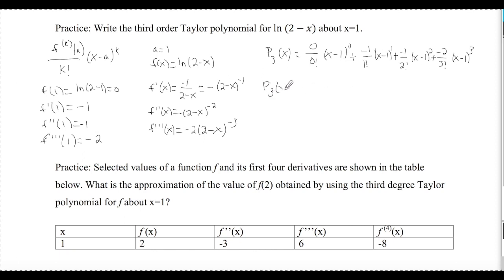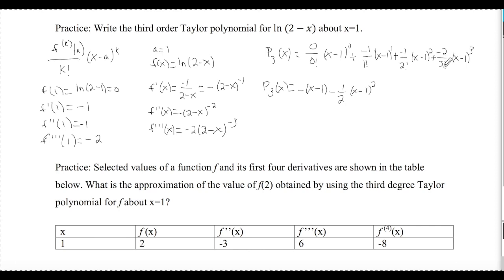P sub 3 of x is 0 divided by 0 factorial. That's going to be 0, plus, let's see, that's going to be negative 1 divided by 1, so that's going to be negative x minus 1 to the first power. This is also going to come out to be negative, so minus 1 over 2 factorial, which is 2, x minus 1 squared.